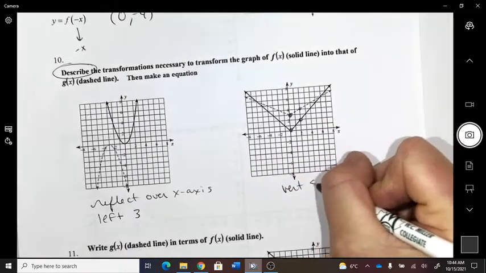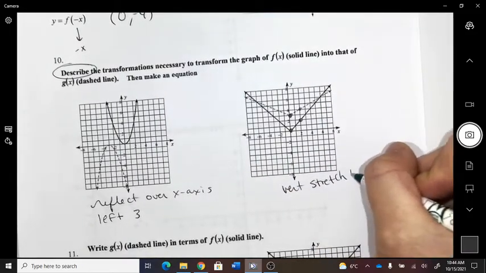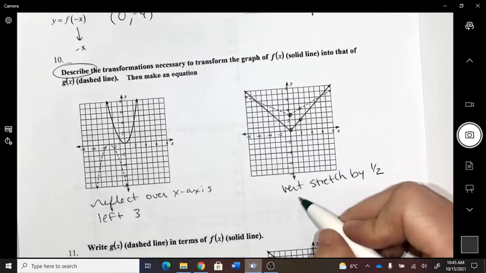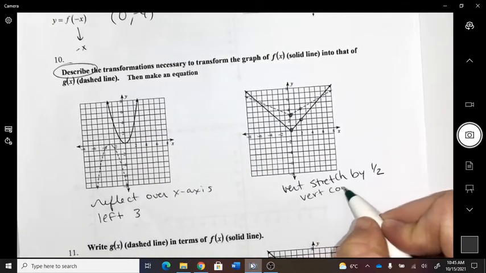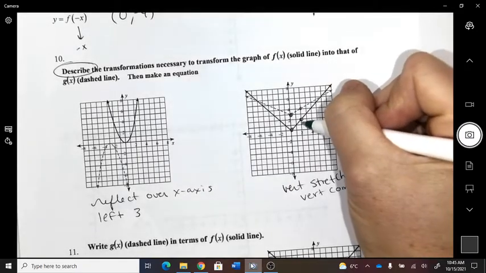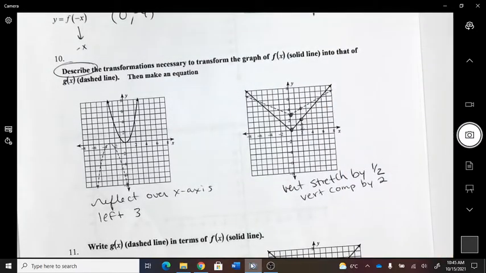A vertical stretch by a half? Or what's another way to physically say that? Vertical compress by 2. Those are the exact same language. Do you see it? This is like 2 away, and now they got smushed together.